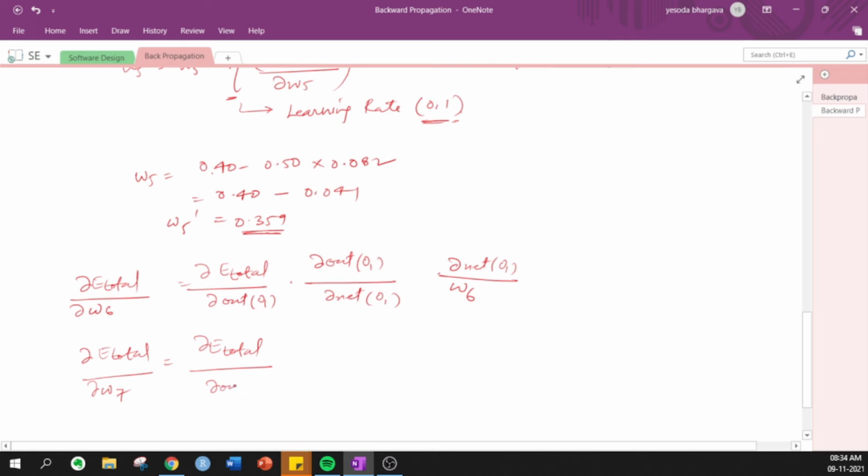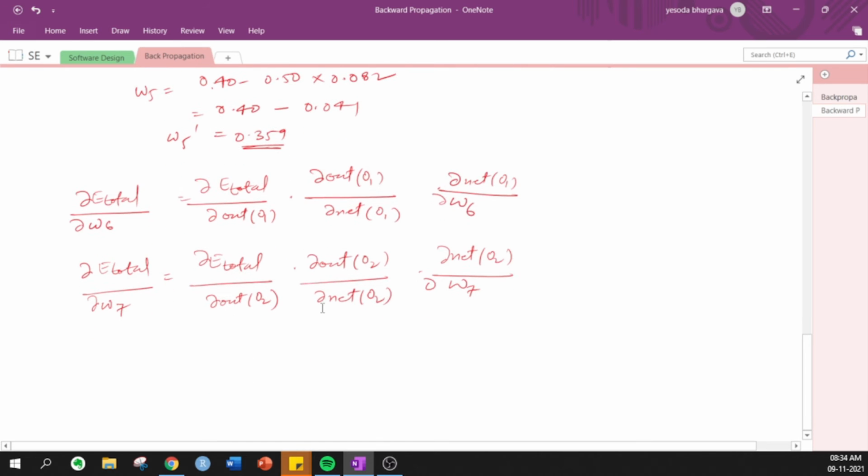So this will be output of O2, because W7 goes indirectly into output of O2. So we are differentiating total error with respect to output O2, because net output O2 is actually a function of W7.